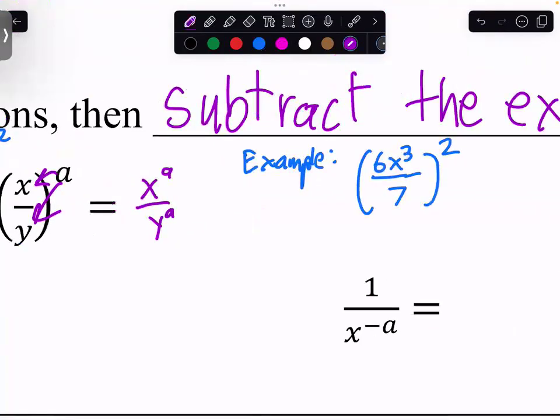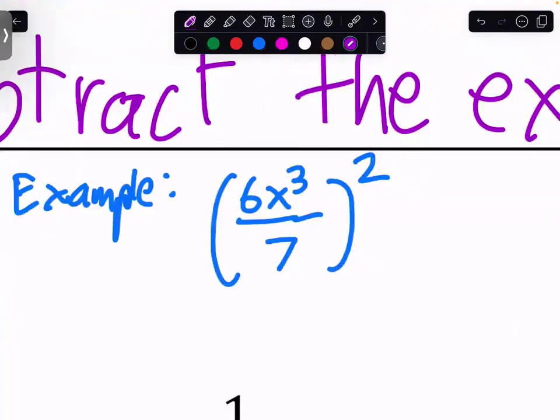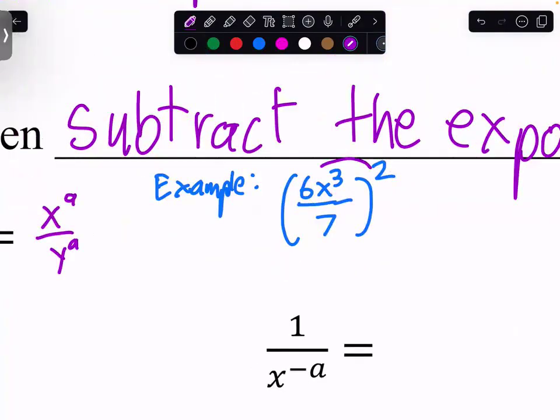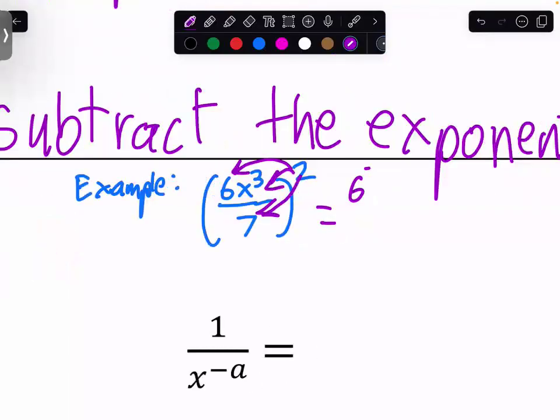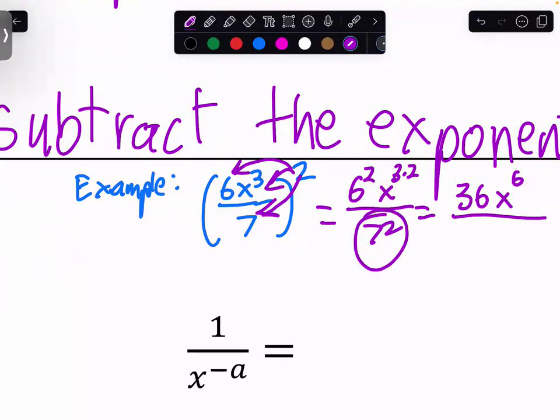Every single part will get affected by the exponent. The 6, the x cubed, the 7. So 6 squared is 36. x has a new exponent of 3 times 2, which is 6. And then 7 to the power of 2 would be 49.